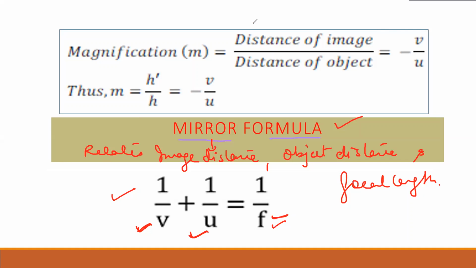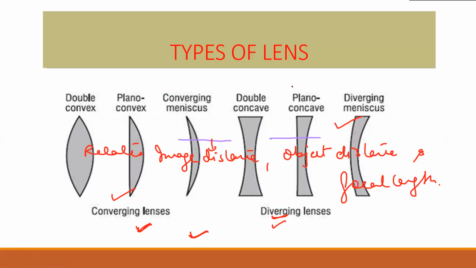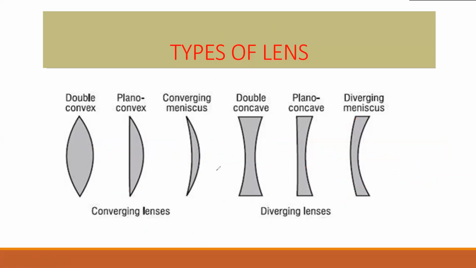After this, we will be moving on to next, types of lens. There are basically two types of lenses, converging lenses and diverging lenses.